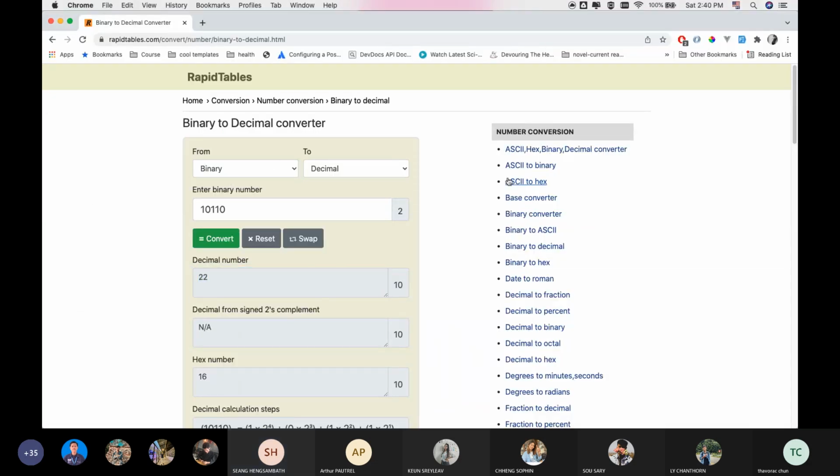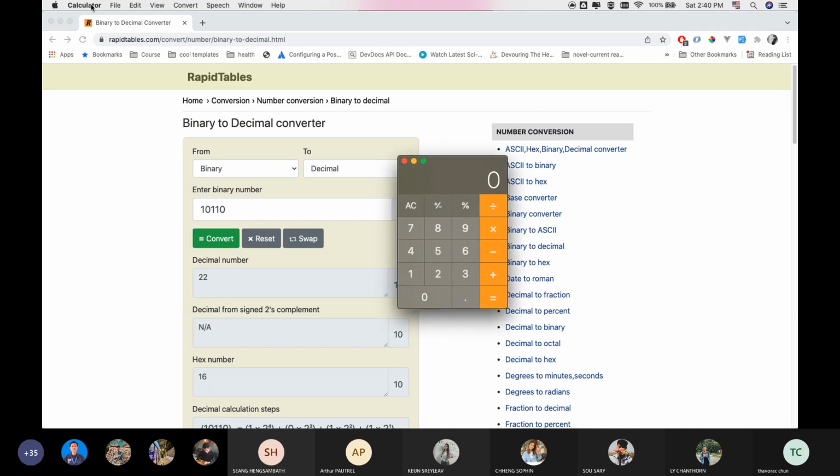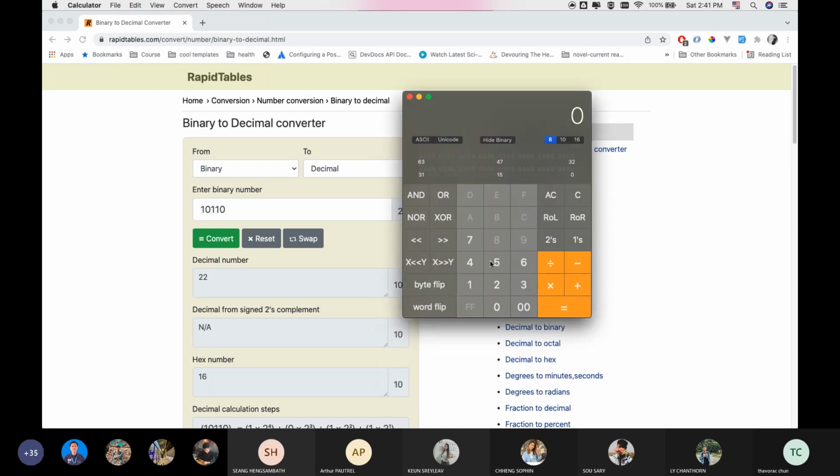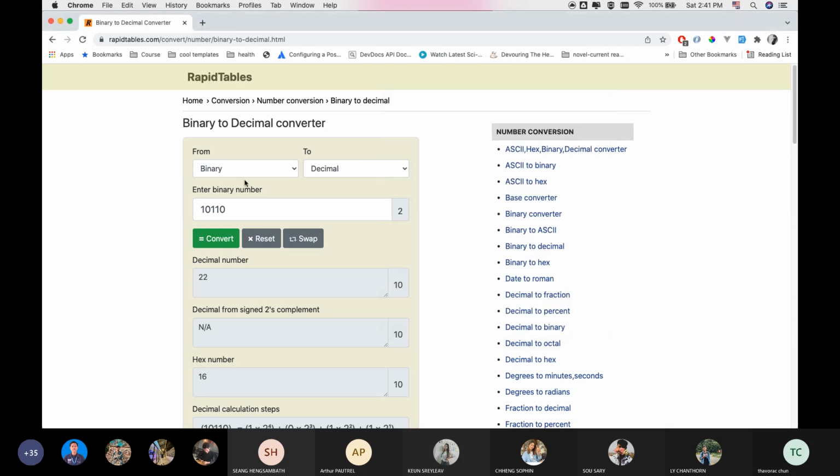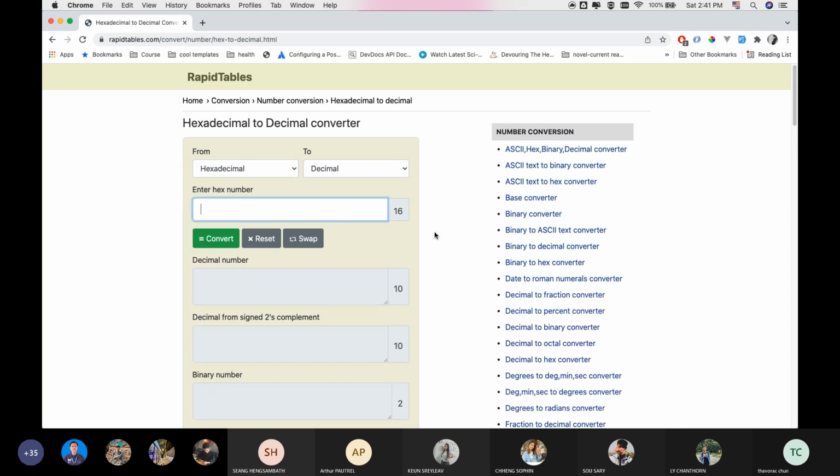Actually, it's easy. You can use any tool you want. Maybe you can even use the calculator in your computer. For example, here, I have the calculator. I can click view like a programmer like this, and I can input like this. But as I want to copy it here, I cannot copy from here. That's why I say in the browser, you can just type convert hexadecimal to binary. And then from here, you can click on hexadecimal and click to binary here.